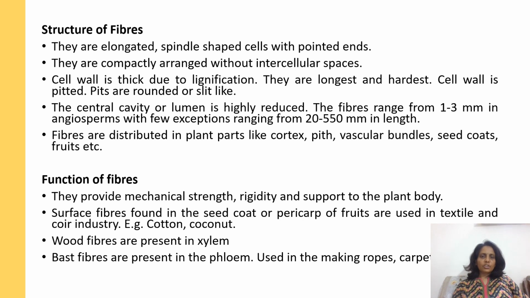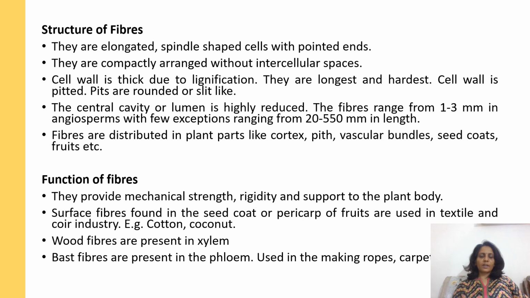The central cavity or the lumen of the fibers is highly reduced. The fibers range from 1 to 3 millimeters in angiosperms, with few exceptions ranging from 20 to 550 millimeters in length. Fibers are distributed in plant parts like the cortex, pith, vascular bundles, seed coats, fruits, etc.